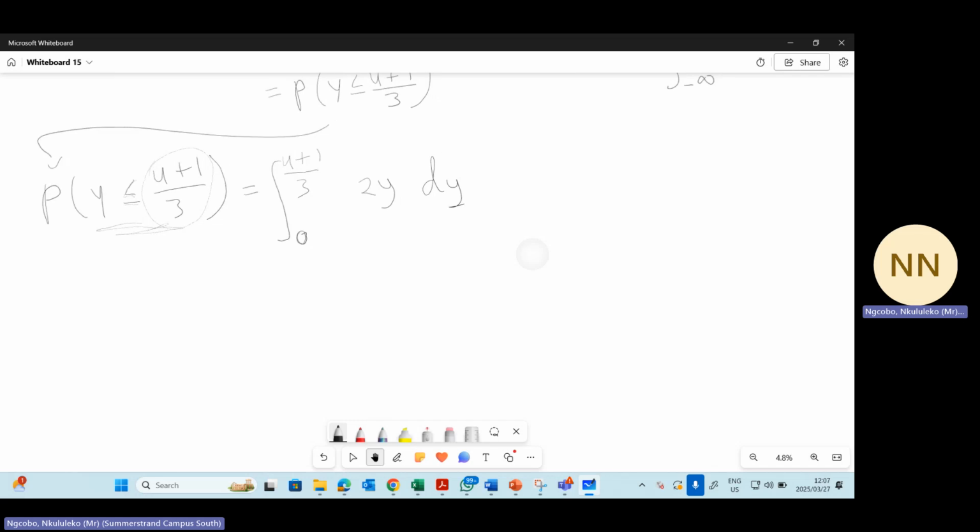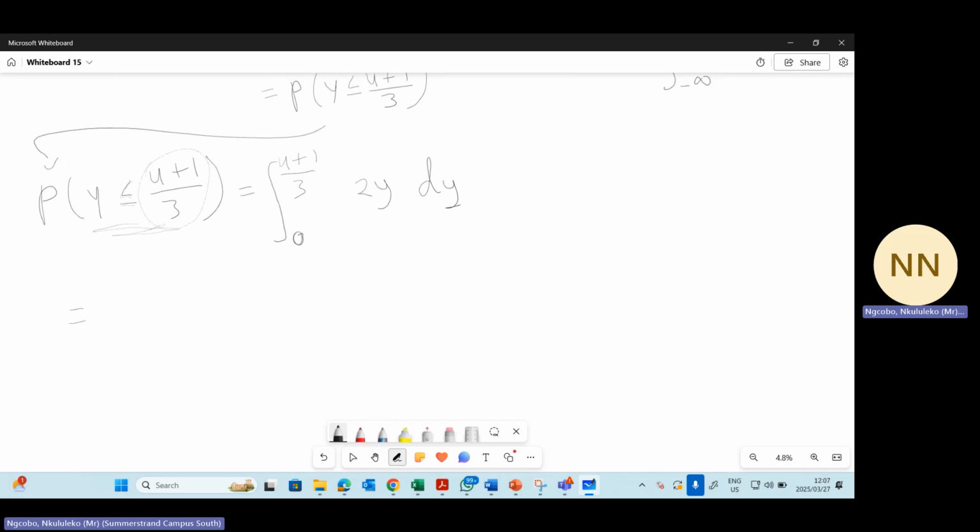Then, once you understand that, you do your integration. So this should be just what? Y squared. You're integrating from 0 to (u plus 1) divided by 3, which will then be equal to (u plus 1) all squared divided by 9, right?